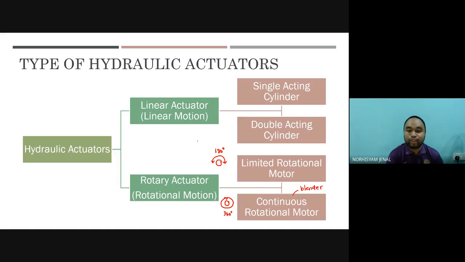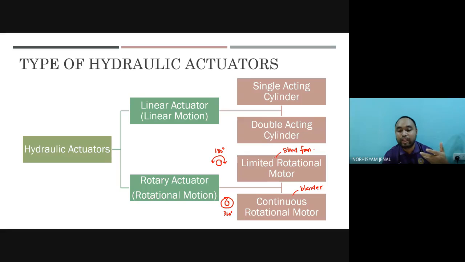A good example is actually your stand fan. The fan can spin 360, correct? But the movement from left to right moves from one point to another, and it is not completely 360, correct? It's stuck somewhere and then it moves back to the left and then it moves back to the right, correct?